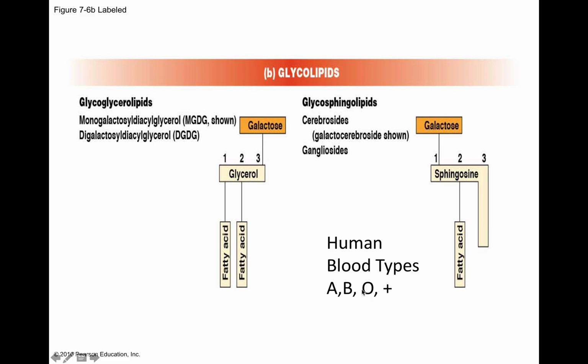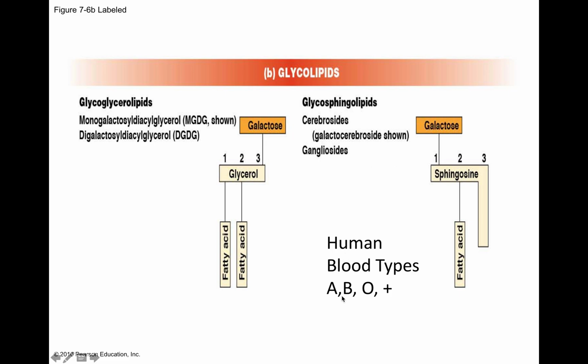The blood type O means no carbohydrate additions, and A versus B means different types of modifications to those phospholipids, and that changes the shape of the phospholipid. And when you change the shape of that phospholipid, you provide an antigen, a place where an antibody can bind.